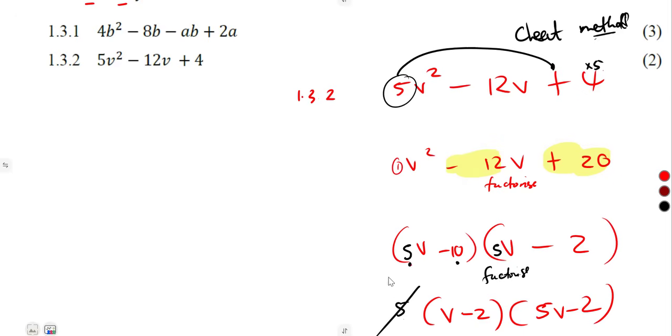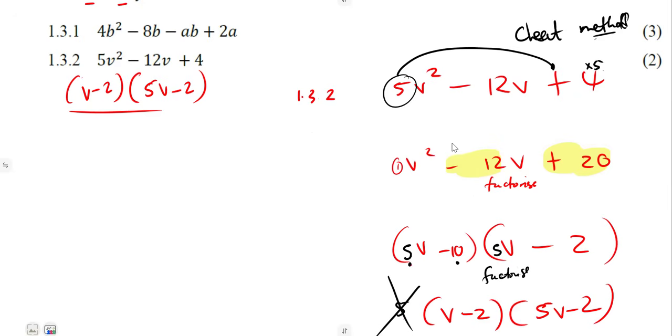And you get rid of this 5 that you factored out. It is not part of your solution. So meaning to say this whole part was going to give us v minus 2 into 5v minus 2. These are the two brackets that you're going to have. Like I said, guys, this one you can just write the answer directly.